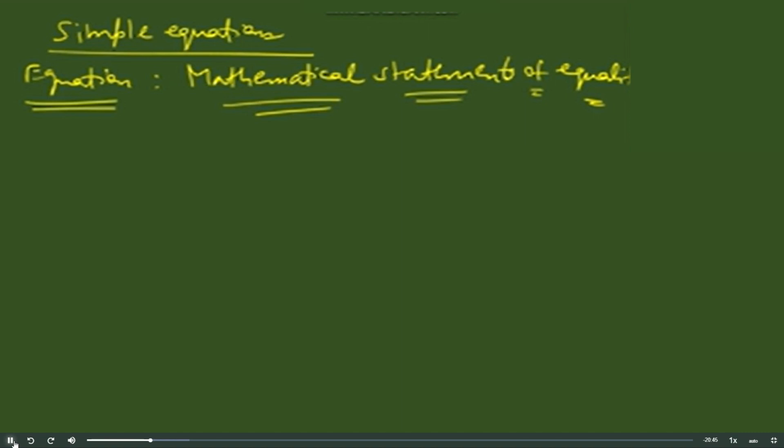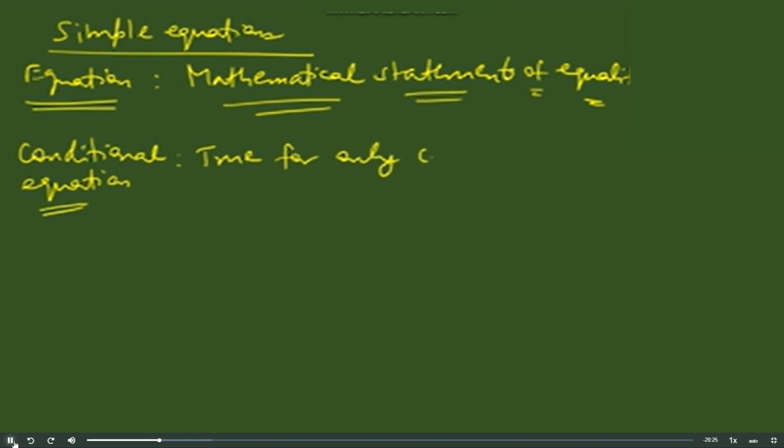If the equation is true only for certain value of x, then it is called a conditional equation. The equation is true for only certain value of the variable x.